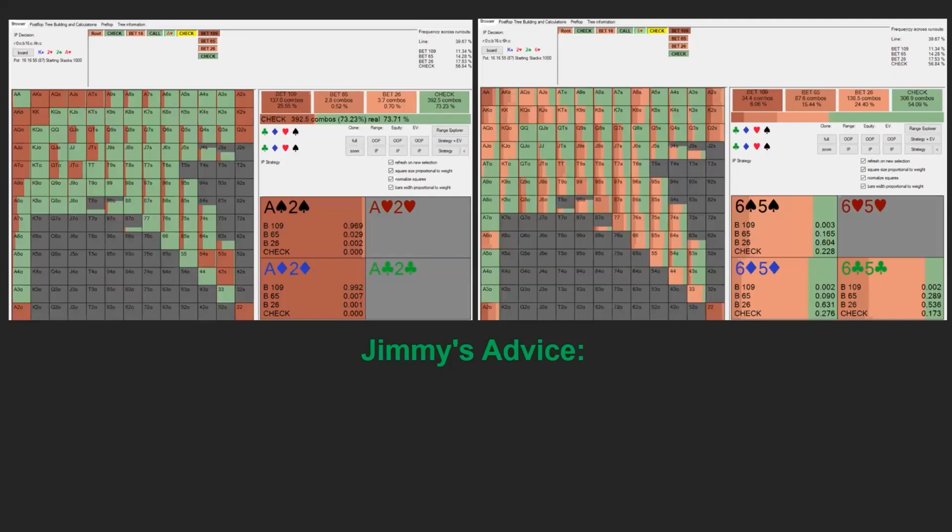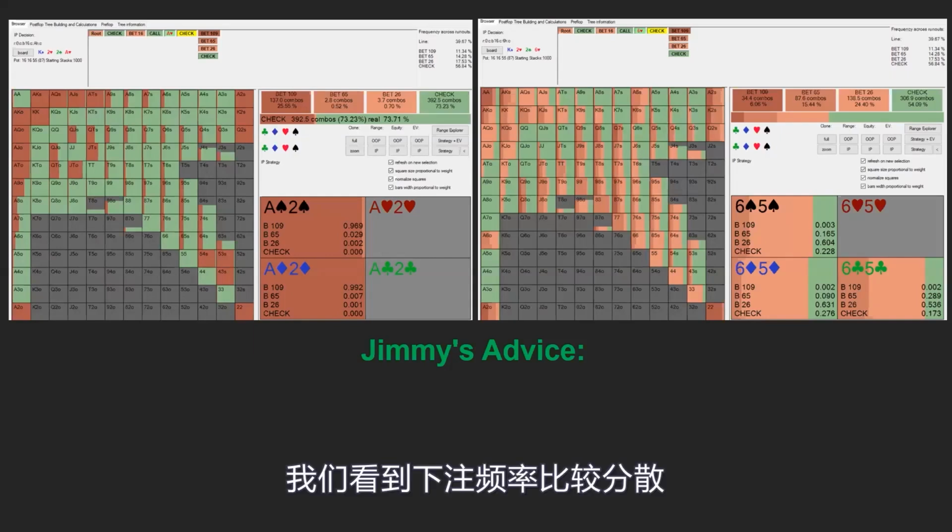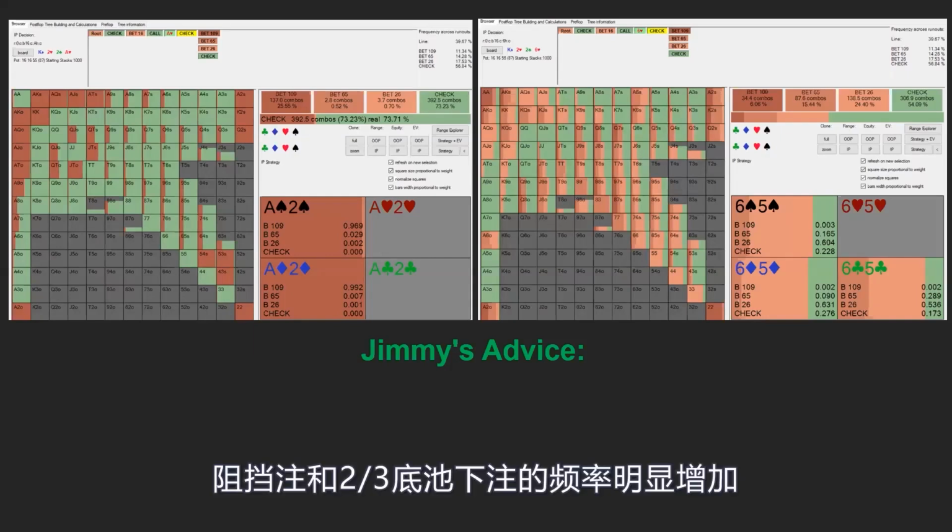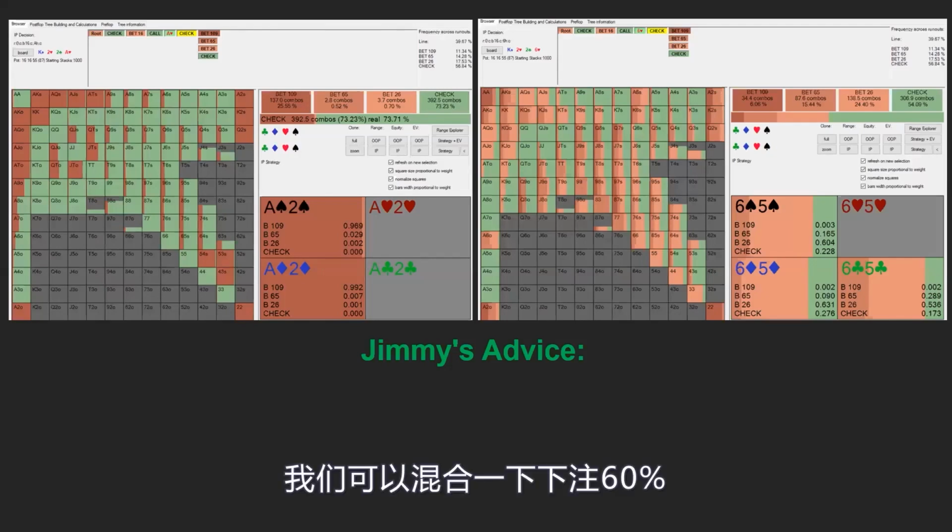And on the right, we can see the sizings shift to blocking and also using 2/3 spot, so we can do a mix of something like 60%. And then we can see that pocket 3s, pocket 4s, pocket 5s, 6s obviously, but 7s, 8s, 9s, 10s, those hands get bet at a higher frequency.